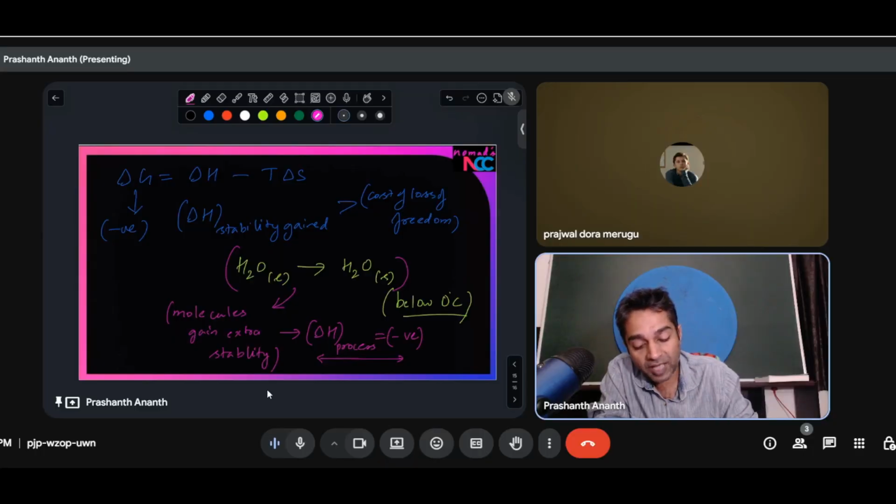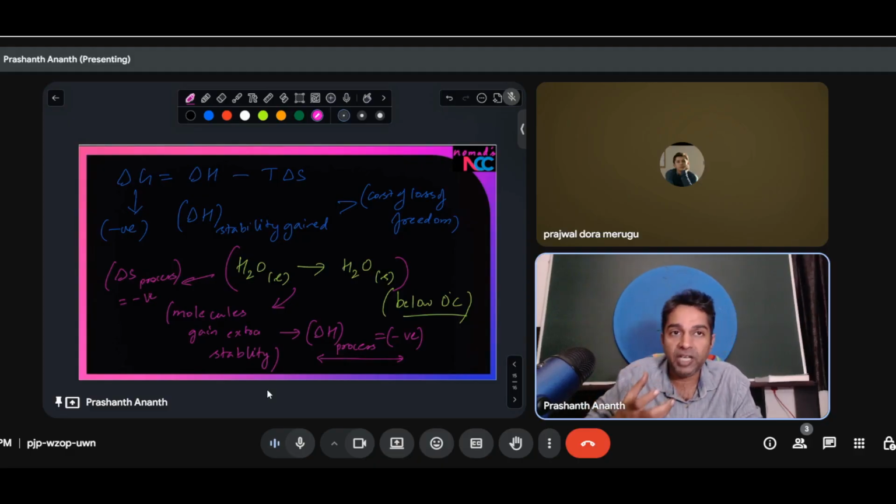But in this process, I am also going to have delta S of the process. That is also negative in this particular case. Correct? Because the molecules are now more rigidly packed and they cannot move so much. They can vibrate, rotate, all of that, but they cannot really move out of their location anymore. So they have lost some freedom in the process.